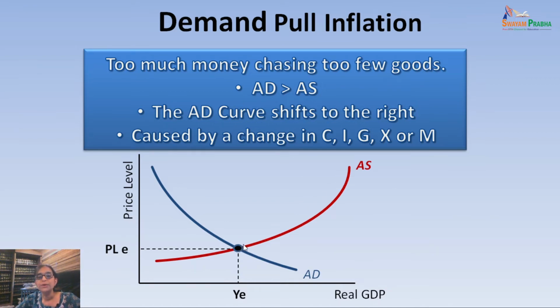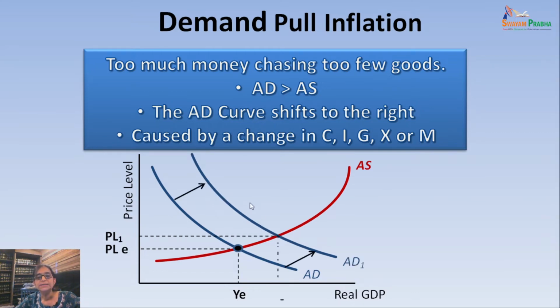The point where both of them meet is your equilibrium price level and equilibrium level of output. So let us say the economy is at a point of rest at the equilibrium of PLE and YE. Due to any change in C, I, G, X or N, your aggregate demand curve will shift rightwards.